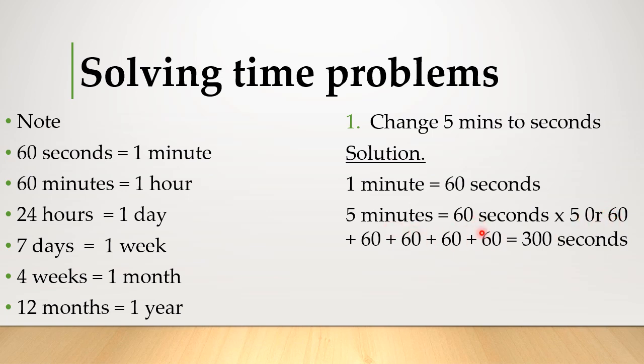We have how many 60s? 1, 2, 3, 4, 5. Do you get it? Which gives us what? 300 seconds. Or you simply multiply 5 times 60: 5 times 6 is 30, plus the zeros, so 300. Do you understand? Let's go to our next slide.